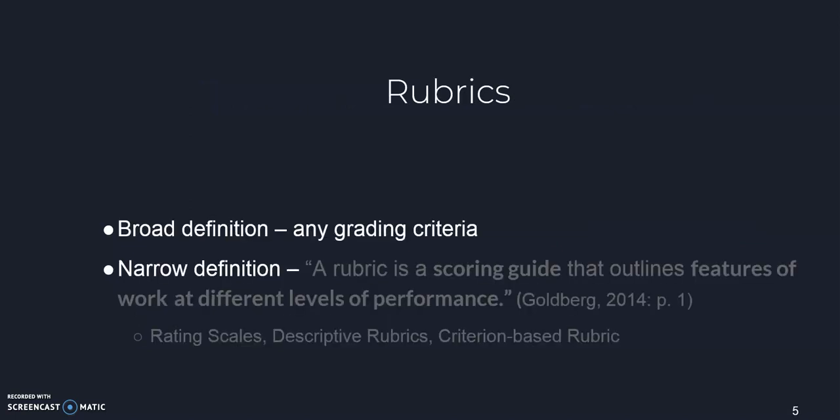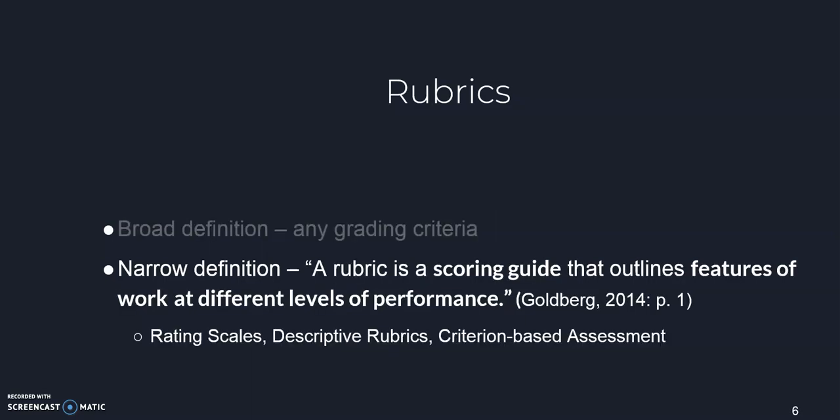So the word rubric is sometimes used in two different ways, inside assessment and generally. The broad definition is any grading criteria. Does your assessment have a rubric, meaning any grading criteria? But the narrow definition is that a rubric is a scoring guide that outlines the features of work at different levels of performance.